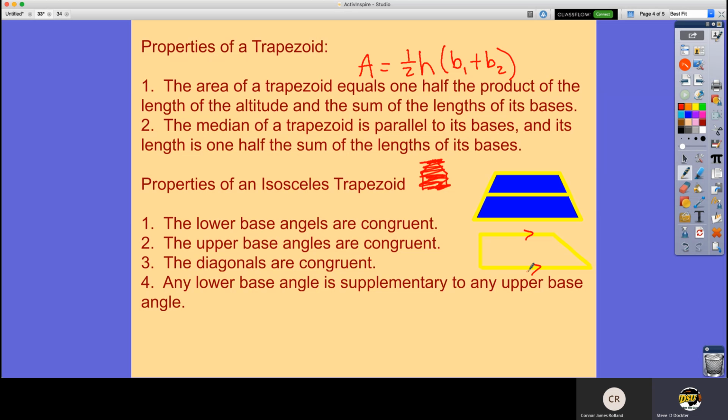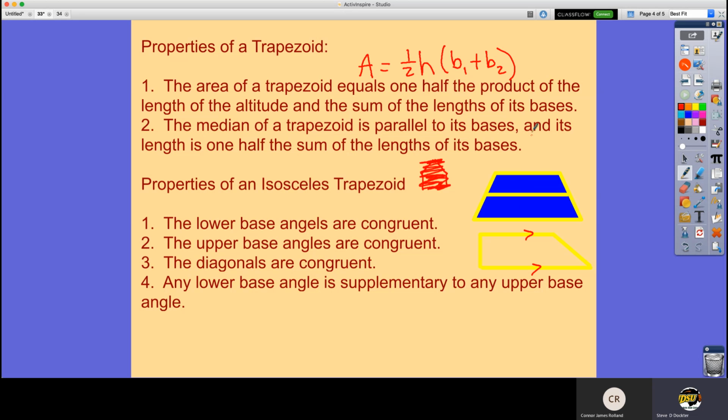So one really outside of the area of a trapezoid, for all trapezoids, the only other thing that we can truly say about it is the median of a trapezoid is parallel to its bases. What median means is if we were to cut this trapezoid in half, that would be the median, and the median is parallel to the top and the bottom.